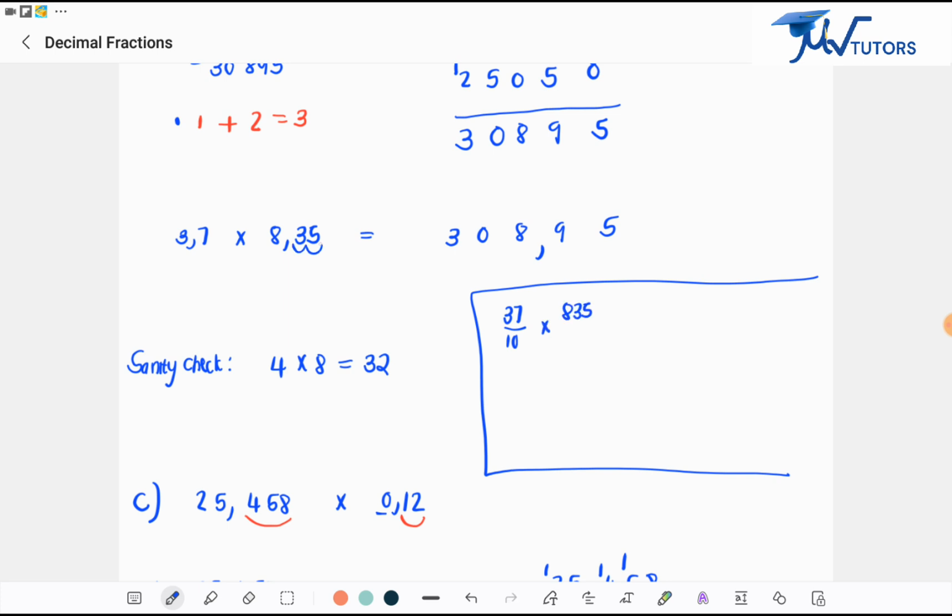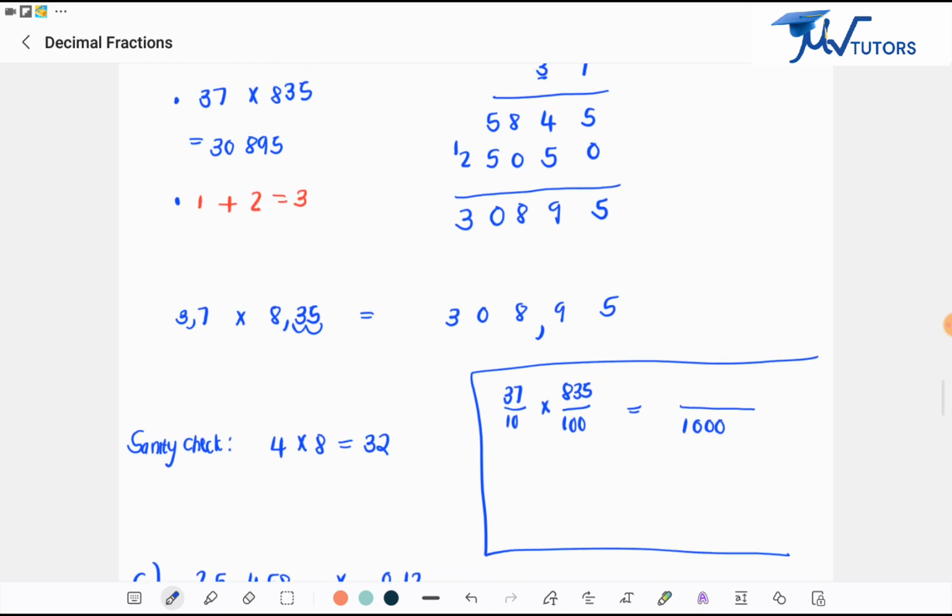I'm moving 2 places, so 835 over 100. Okay, over 100. So now I know my denominator, I'm going to have 1000 because 10 times 100 is 1000, and on top the 3,7, or rather 37 times 835.